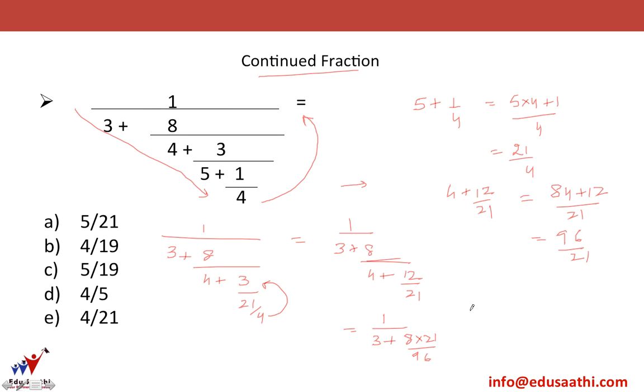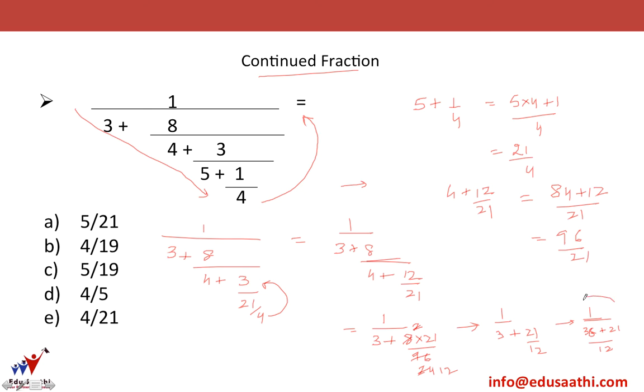So 8 into 21, I can simplify this here. I have 4 2s are 8 and 24. This again will go by 12. So this can be rewritten as 1 divided by 3 plus 21 by 12. This comes out to be 1 divided by 36 plus 21, and this divided by 12.